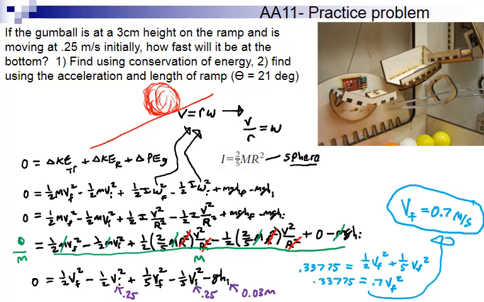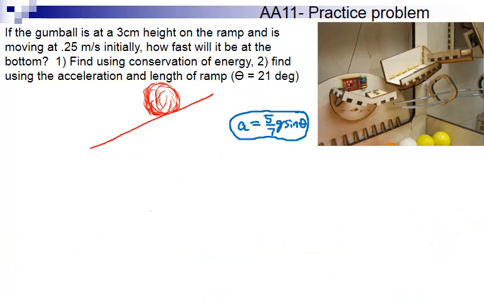energy. And so if we consider now the gumball in terms of what we did with acceleration, we have the equation that we got before, 5/7 g sine theta, and we know the initial velocity. We're looking for the final velocity, and in this case here, we need to know how far it goes.